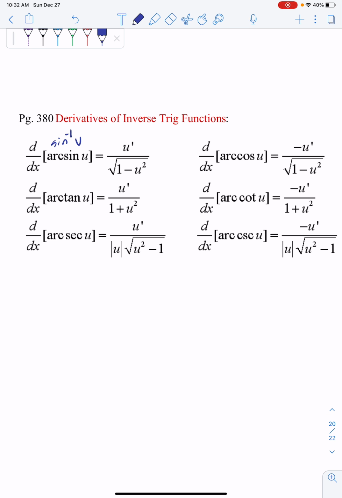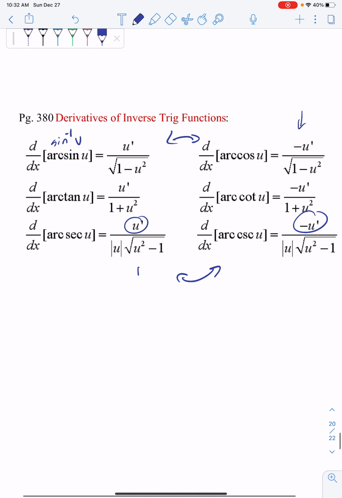Okay, cosine is over here on the right. Notice that sine and cosine are almost exactly the same. The only difference is the u prime on top becomes negative. And that's the same with cosecant and secant. Secant is a positive u prime. Cosecant is a negative u prime. Other than that, the bottoms match on those derivatives.